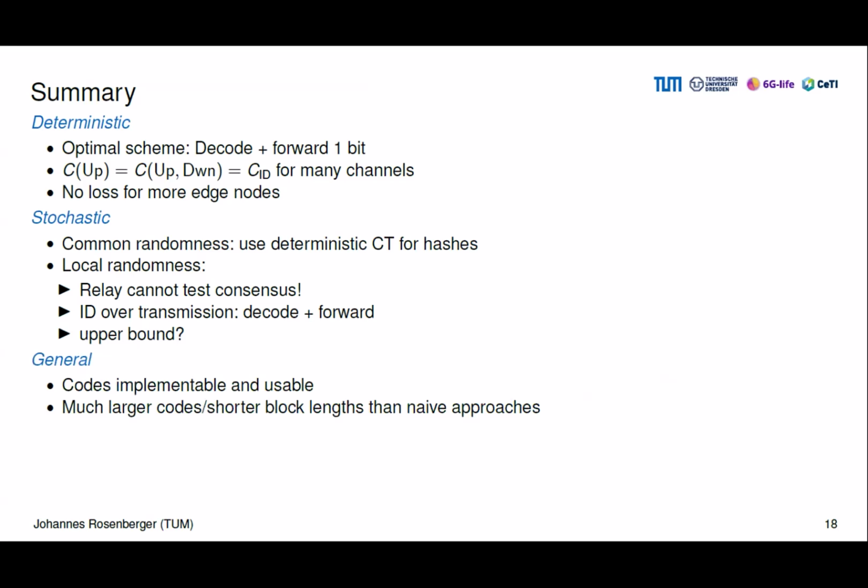In general, all those codes you can really build. So the deterministic codes, you just take a code with a linear distance, and you just do one or a few typicality tests in the end, or distance tests. For the stochastic codes, you learned in the last talk, for example, that they can now be realized really efficiently.